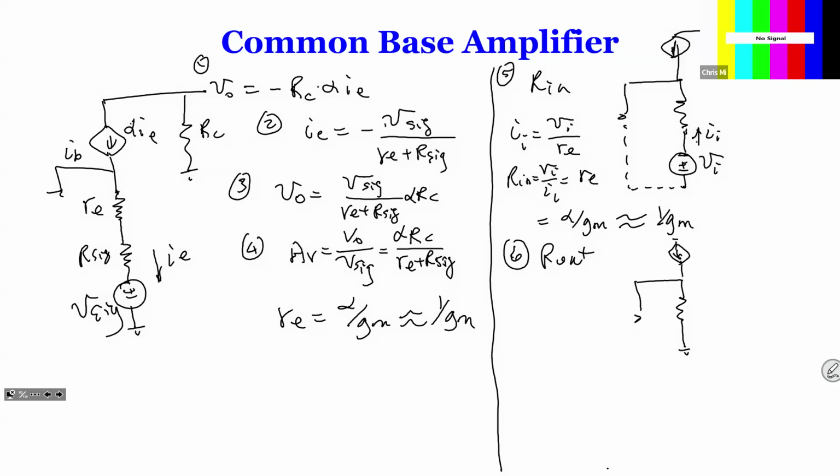So therefore, IE equals 0. Therefore, the current is going to be an open circuit. So therefore, your R out is equal to VO over IO, simply equal to RC.